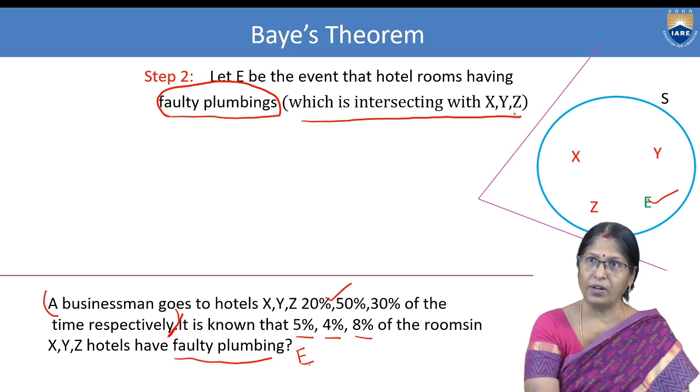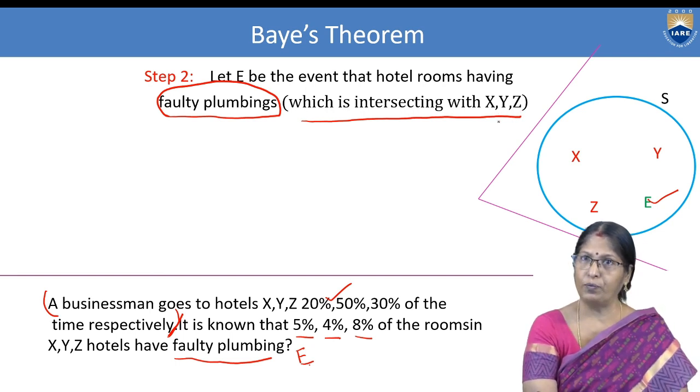X, Y, Z. So, students, when we are solving the problem, you must be in a position to write this step. When you are able to write, you are going on a correct path in solving the problem. If this step we are not able to write, it gives an indication that we selected the wrong problem.